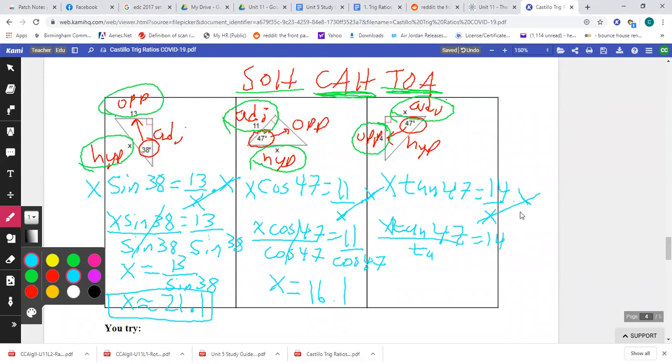Divide both sides by tan 47, and x is equal to 14 over tan 47. When you do the work, you don't have to write this step. You could just divide 14 by tan 47 and give me the answer. So 14 divided by tan 47 should give you around 13.1. Okay, so that's it.